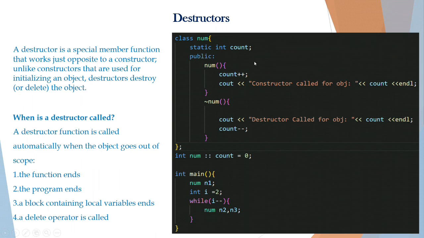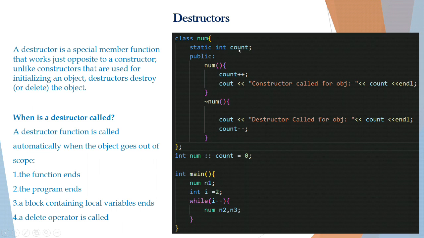So in this code we will try to understand this topic. You can see it in the driver code. We are making an object named n1, which is of type num. When we make this, this constructor is simply called, because this is the default constructor. I think you already have knowledge about the default constructor. You should also have knowledge about static variables.